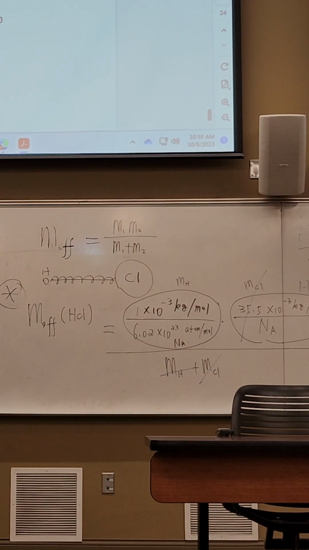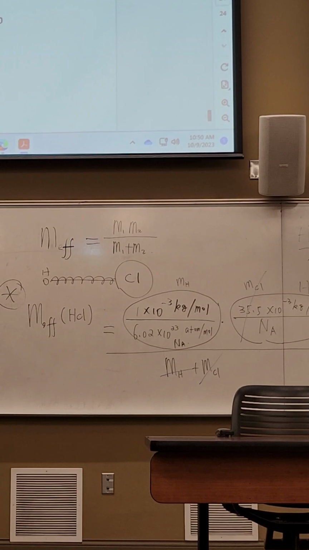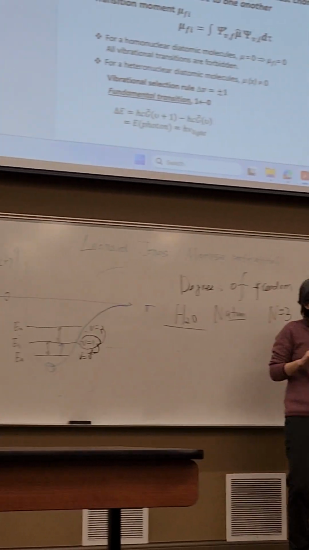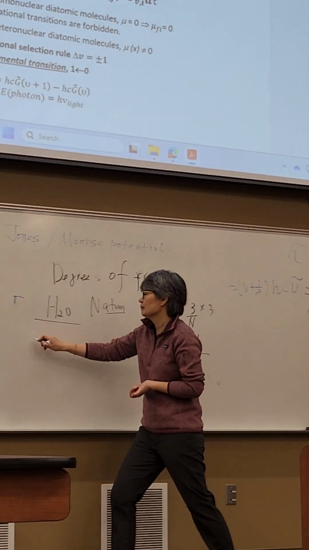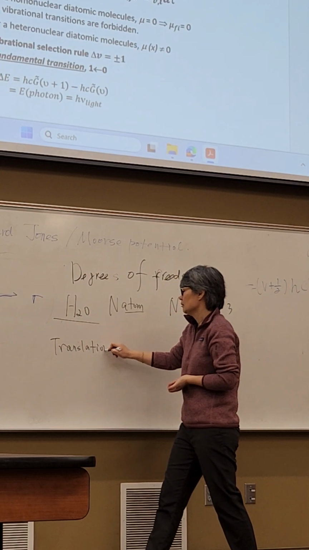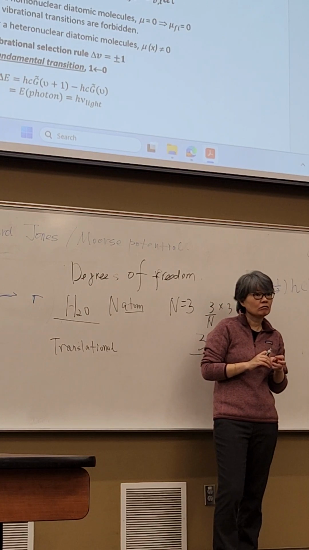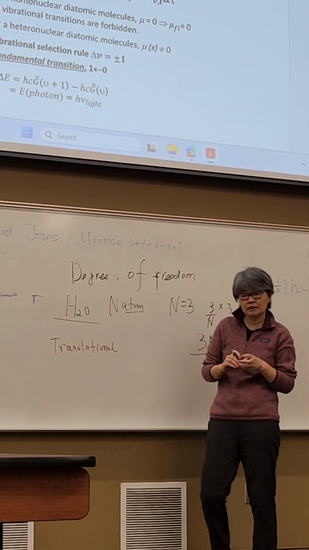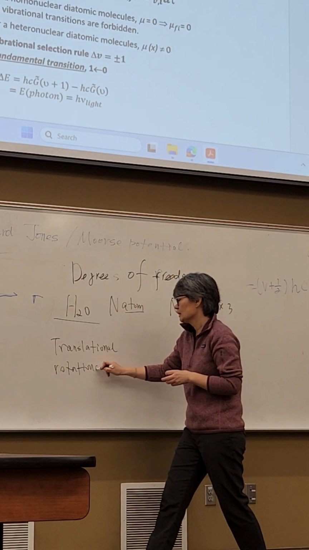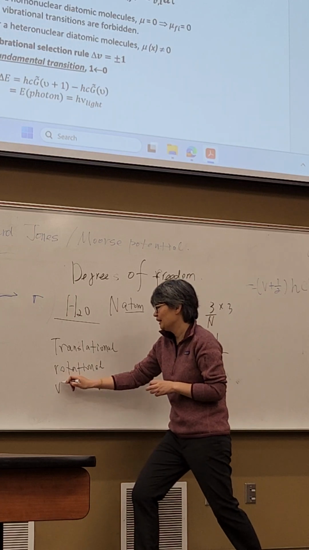Out of that 3N, we're going to describe the motion of the molecule. What kind of motion are we talking about? Translational, right? What else will the molecule have? Rotational. What else do we have? Vibration. Oh yeah, very good.